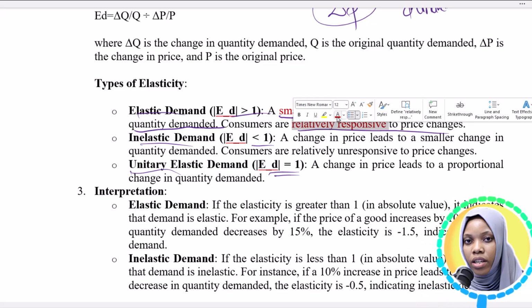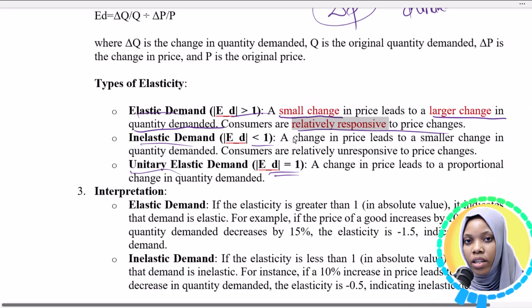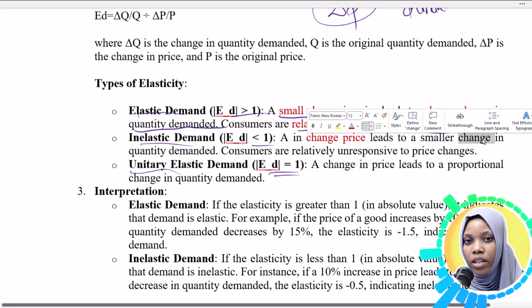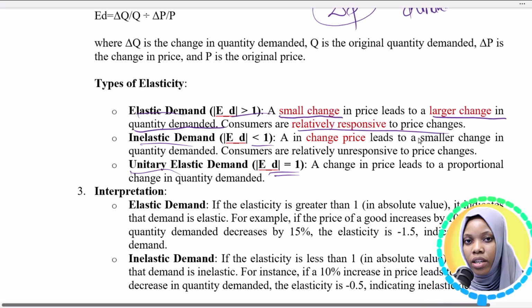So in inelastic demand, a change in price leads to a smaller change in quantity demanded. The change here is smaller.